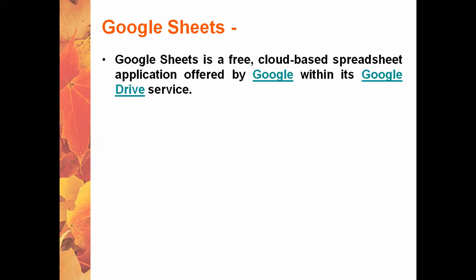We have learned what Google Drive is, and there we have also created a Google Sheet. We know Google Drive is a free cloud-based platform. Under this Google Drive platform, we get Google Sheet, which is free and a cloud-based spreadsheet application offered by Google.